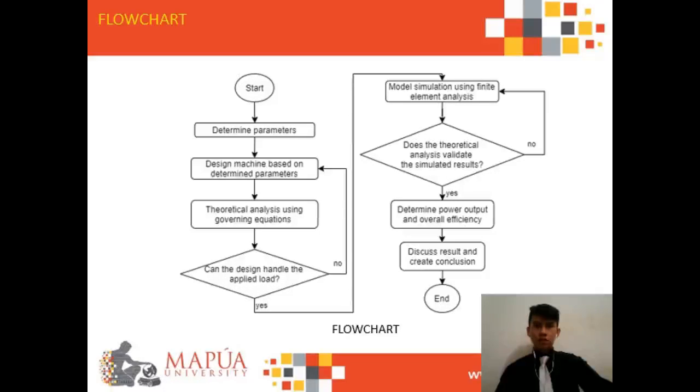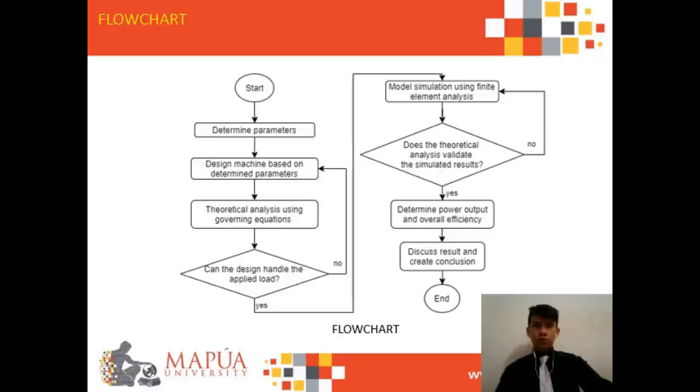If the design of the machine can safely handle the load without breaking, the components are then subjected to finite element analysis and theoretical analysis. The theoretical data will validate the simulation.